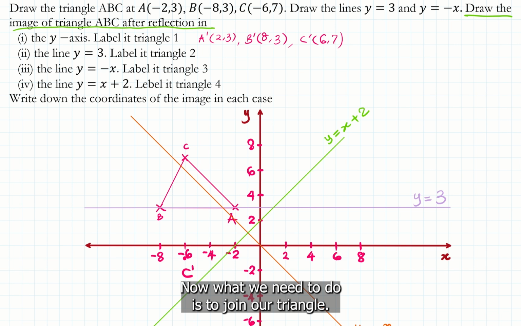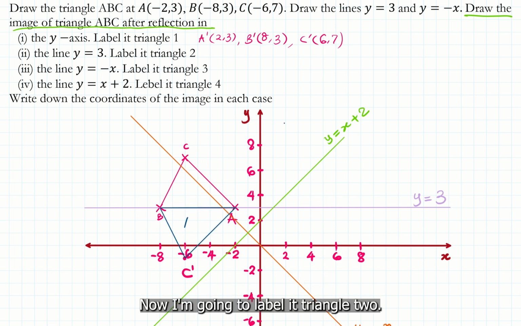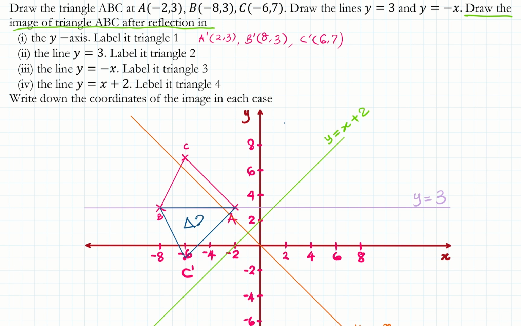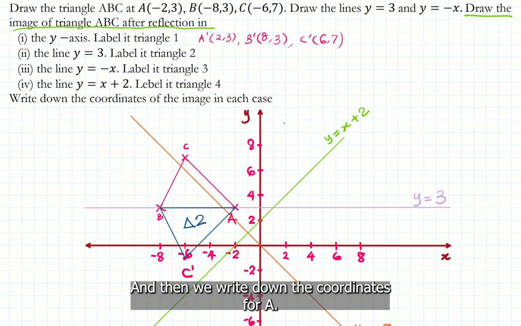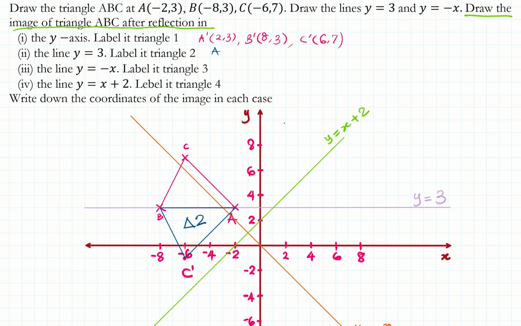Now what we need to do is to join our triangle. Now I'm going to label it triangle 2. And then we write down the coordinates. For A, we said that the coordinates of A will not change. So that's -2, 3, just as in the original question. B also will not change.